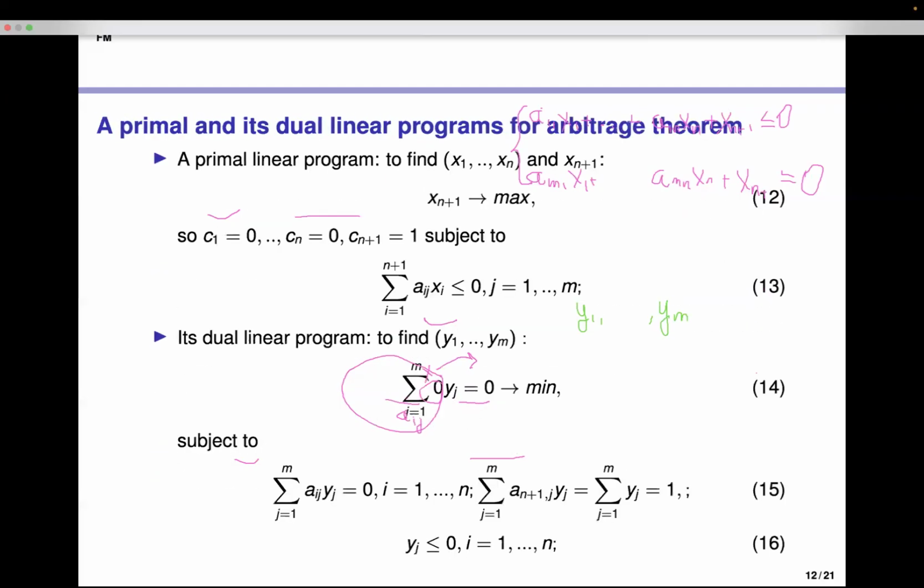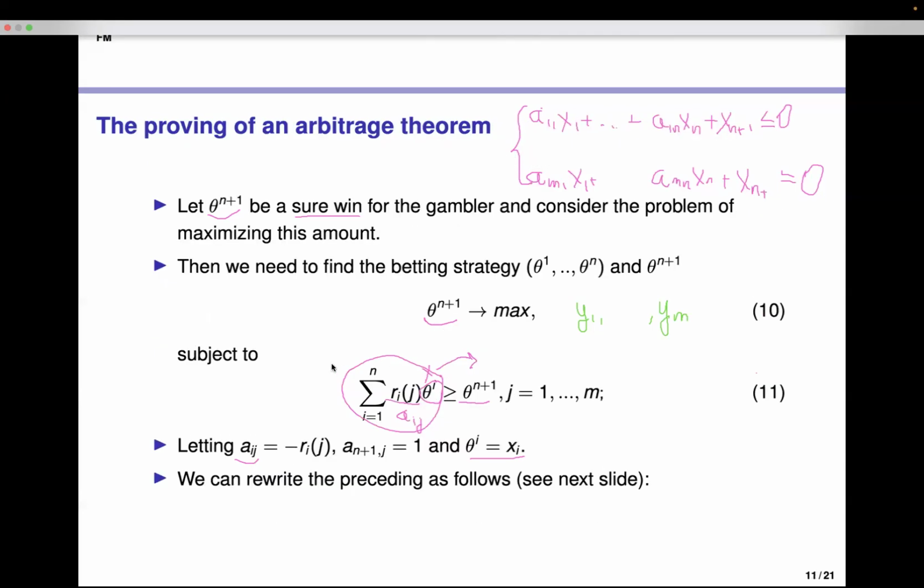So in our case, what will it be? It will be 0. Yes, all coefficients are 0. So we need to multiply this vector by this vector.